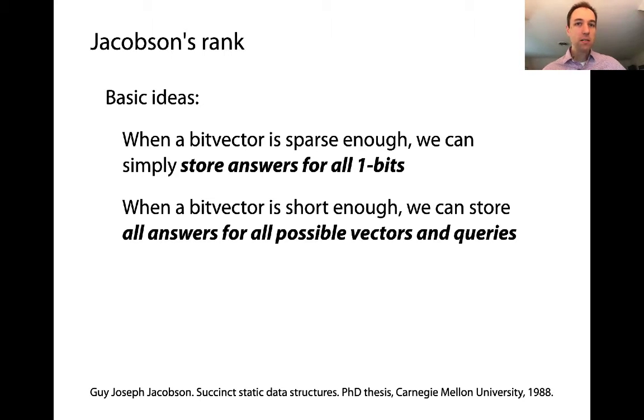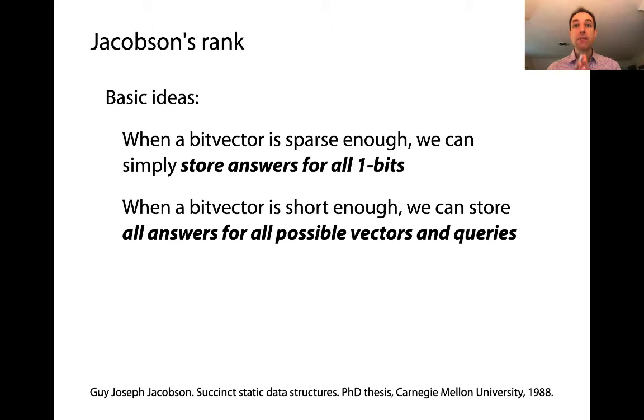It's going to be somewhat complicated, and as we get to select it's going to be even more complicated. But it basically comes down to trying to divide up the problem, or add layers of indirection to the problem, so that at the base case, we end up in one of two situations. Either we're considering a bit vector, or a piece of a bit vector, that is sparse, right?